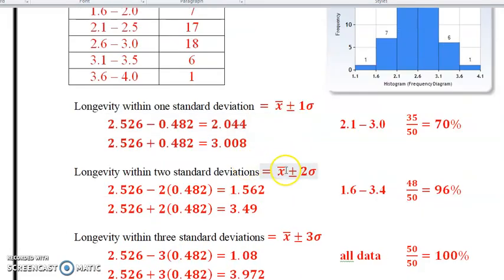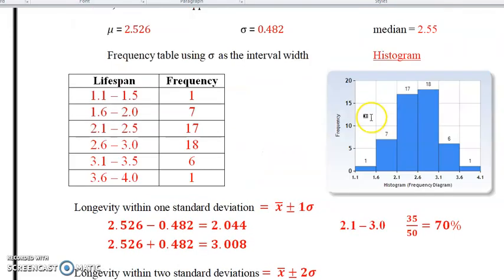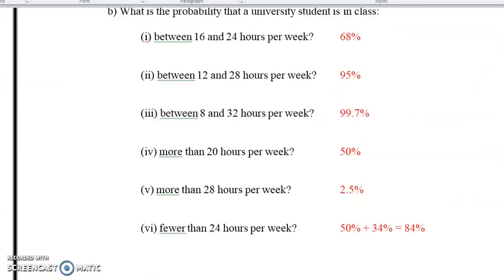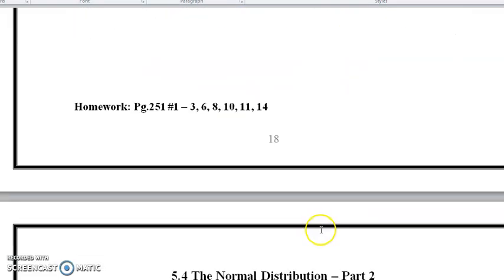If we look, the longevity within 1 standard deviation, we notice this went right up to 3. So this here is the 68% rule. So 1 standard deviation was up to 3. So it's everything from here down. So it's 50% plus 34%. So that's 84%.